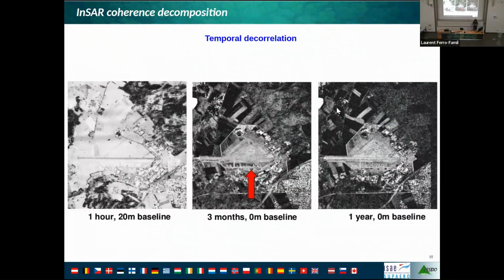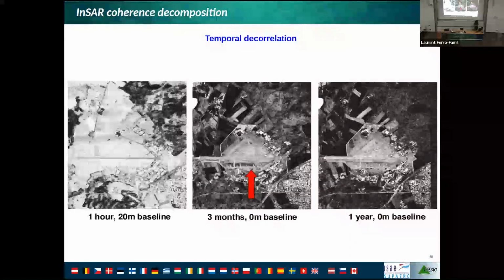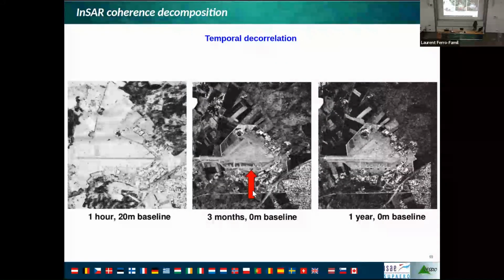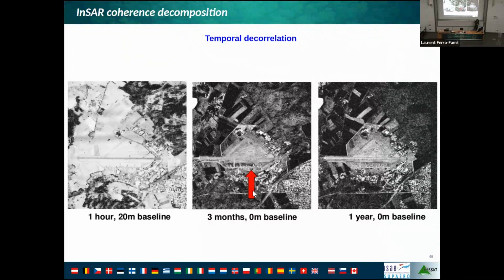Another one is due to the change between 2 acquisitions performed at a different time. So when you wait only for 1 hour between the 2 acquisitions, you have a kind of coherence map. And when you wait for 3 months, this coherence really decreases a lot.